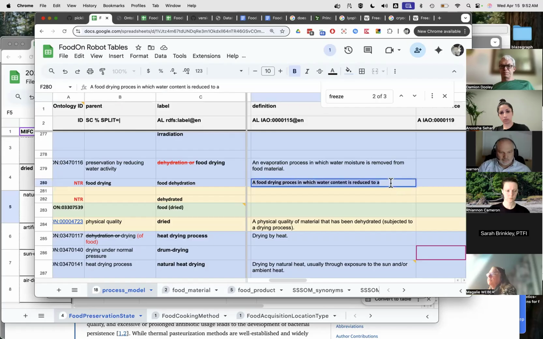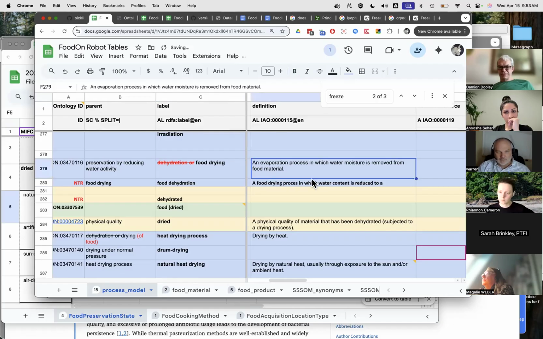I'm not sure what to say in terms of the objective here. Why not just say the water content is reduced? Yeah, I was going to say the same thing, except that doesn't differentiate it from the parent term.